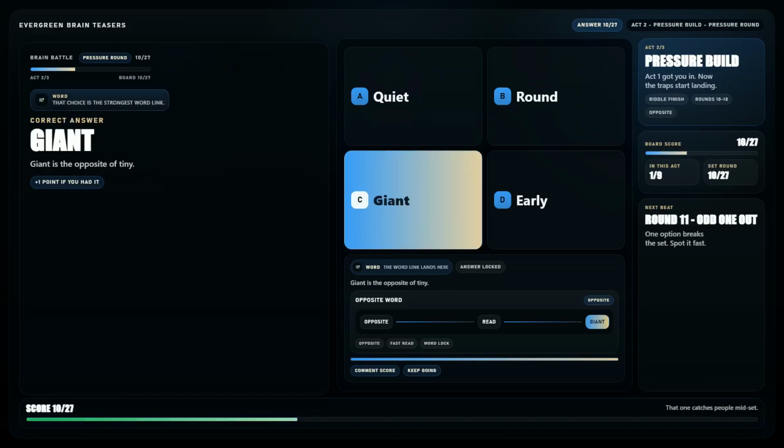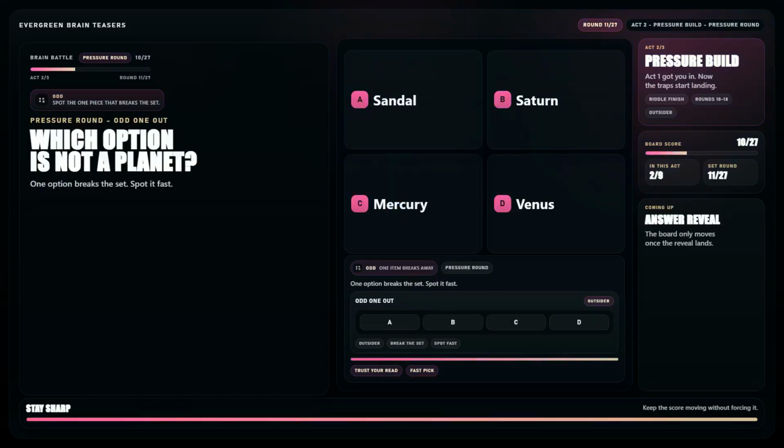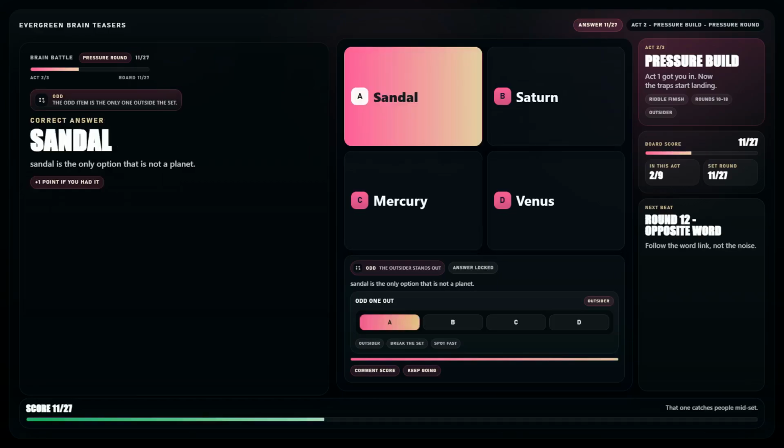Giant. Outsider switch. Which option is not a planet? Sandal. That is the outsider.